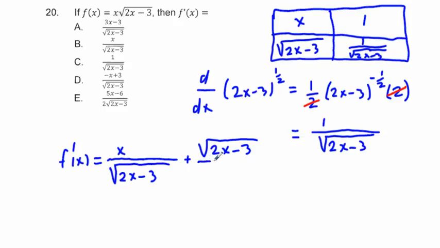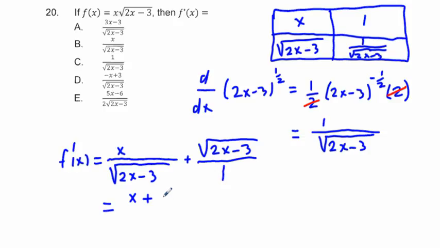So I'm going to write this right term as a fraction over 1. And if we cross multiply here, we're going to have 1 times x. So we have x plus the quantity square root of 2x minus 3 times the square root of 2x minus 3.